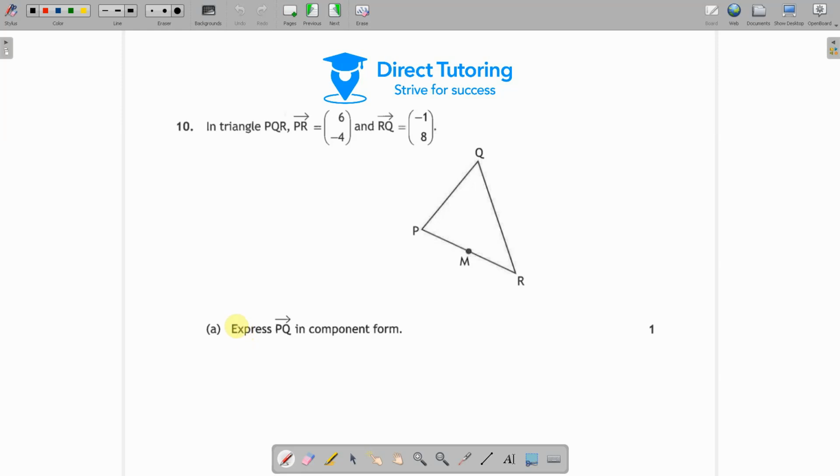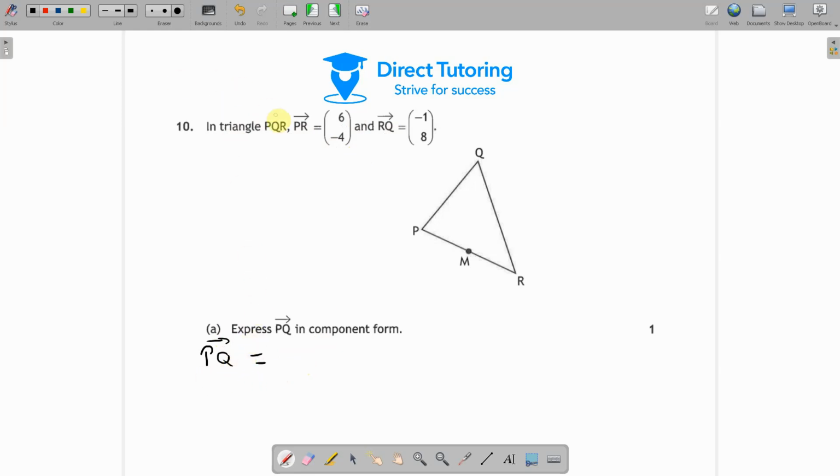It's given as a triangle PQR with position vectors PR and RQ, and it's asking us to express PQ in component form. Now, in order to find PQ, it's only worth a mark, but we have to use these two vectors here, because we need P at the start and Q at the end, as we have here.